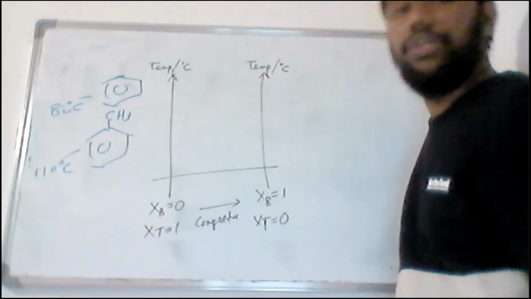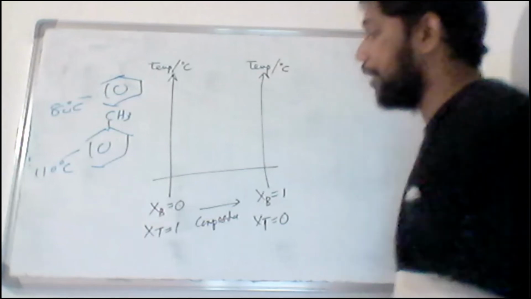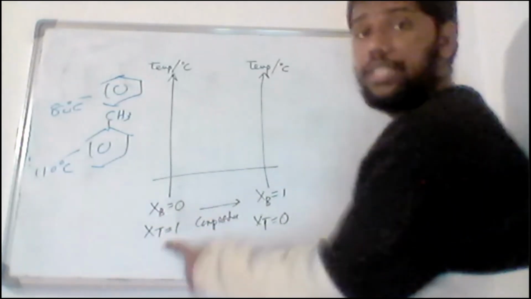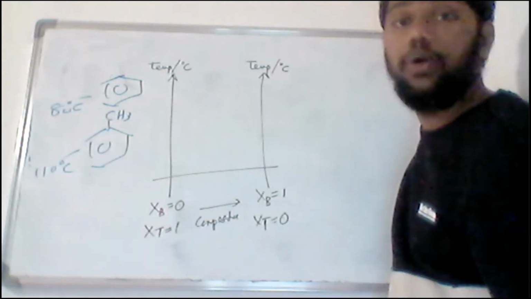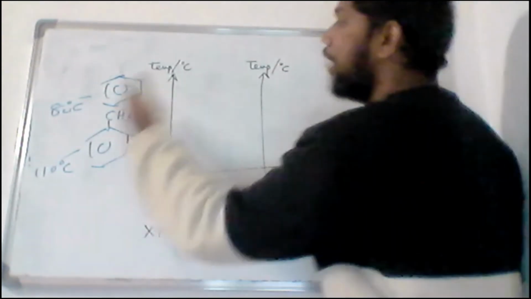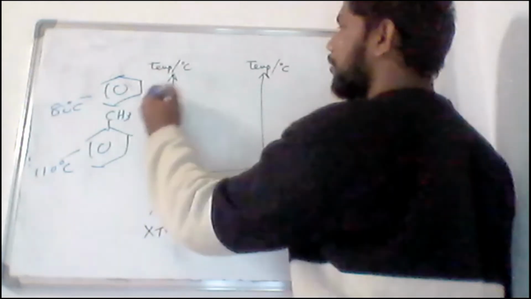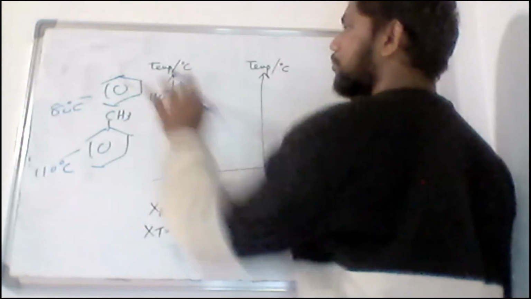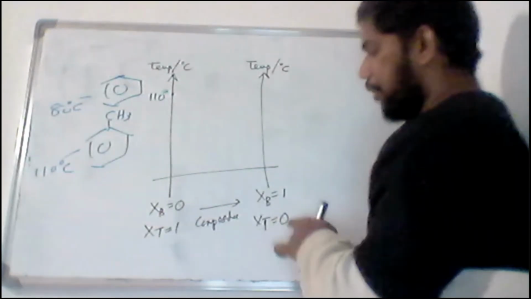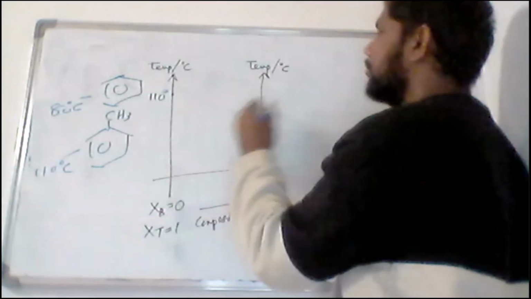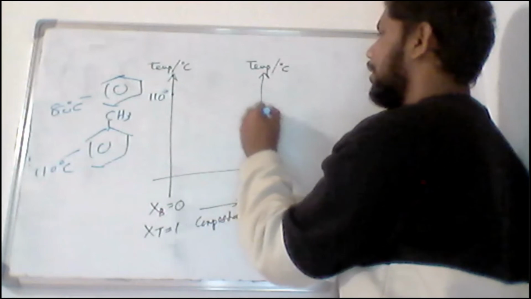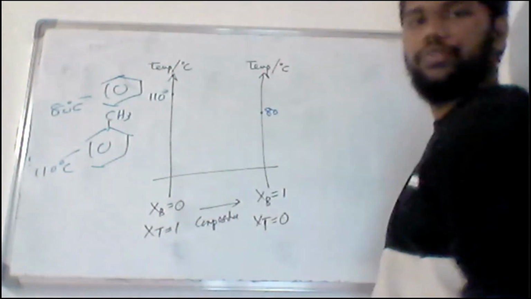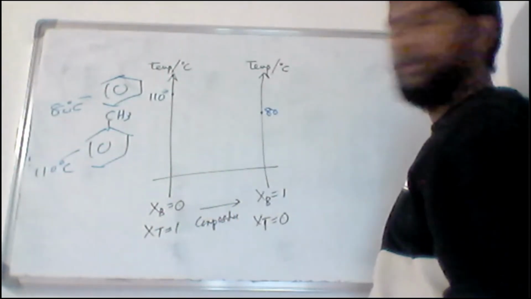Okay, now we need to put the temperatures. So XT is equal to 1 means you have only toluene. So when you have only toluene, your boiling point will be 110. Okay, and when you have benzene, your boiling point will be 80 degrees. So that's the idea. Okay.